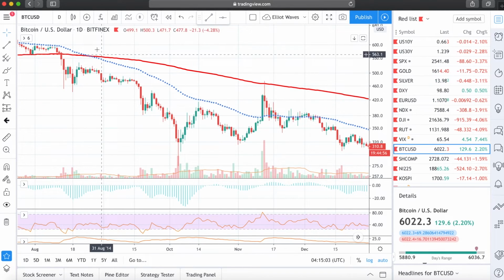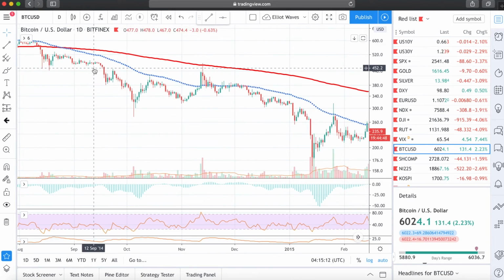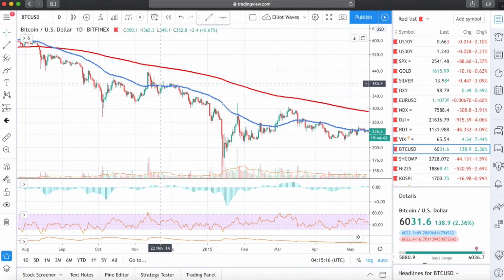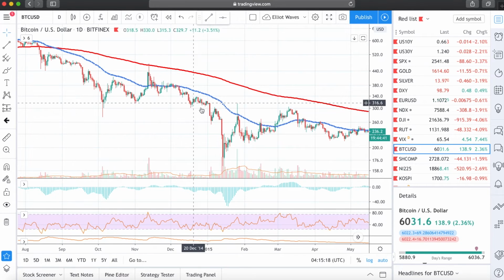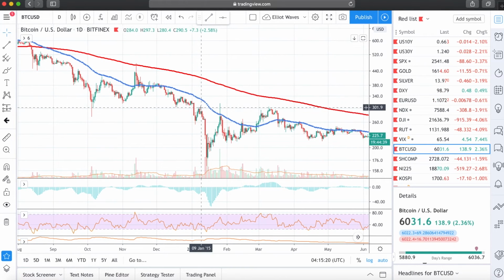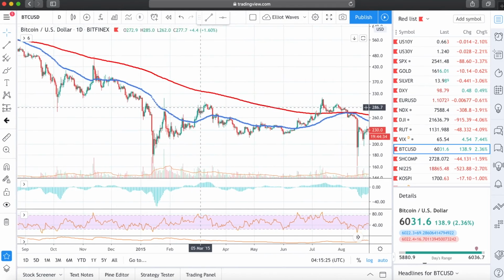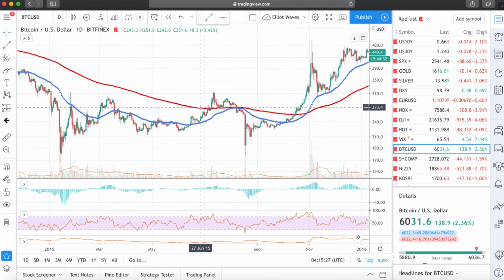Around this area is the time for you to look for a short trade setup, so you bet against the Bitcoin. Once you enter the short trade setup, the market just keeps crashing, Bitcoin keeps crashing, and your short position will end up with quite a lot of profits until you see.